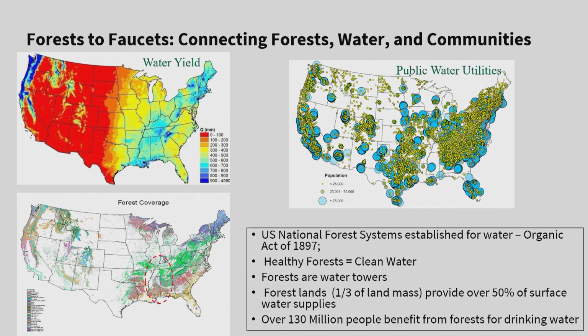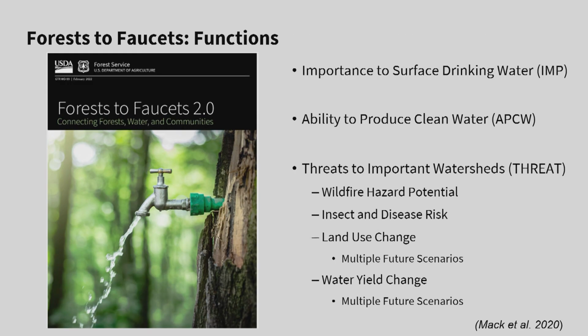Again, those are the numbers we came up with. Only 30% of the forest land provides half the water supply to the U.S. Over 130 million people benefit from forest land because their drinking water is drained from forest land. So that's the background.